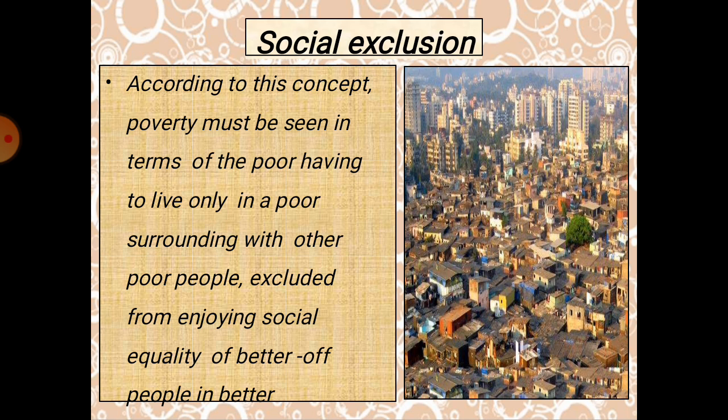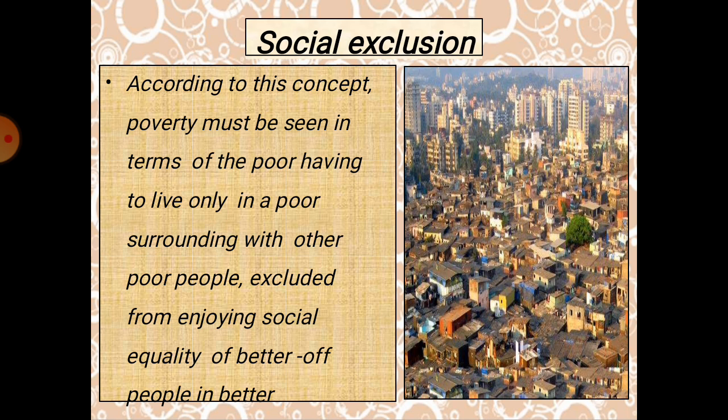So here they say a poor person should live only in poor conditions with the poor. He is excluded from enjoying social equality. He is not supposed to get into the area and utilize the resources or enjoy his own life. It is totally denied to him. That is why it is called exclusion.